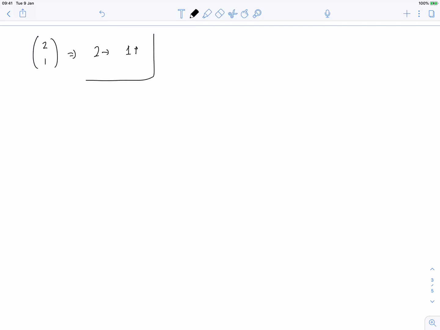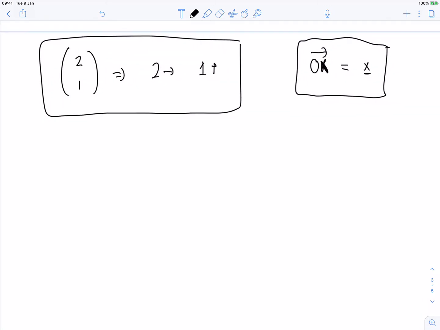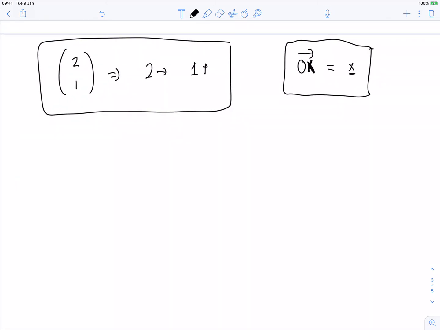We've also talked about abstract things where we let, say, from O to X be the vector A, for example, or in this case we might want to call it X, like that. This is more of an abstract form of vectors. The final thing I want to talk about is we're going to introduce something called a unit vector.